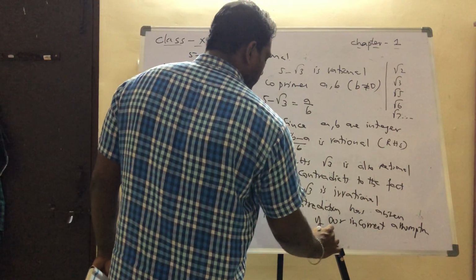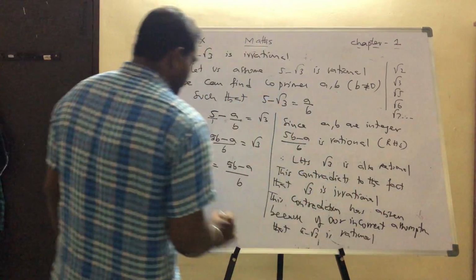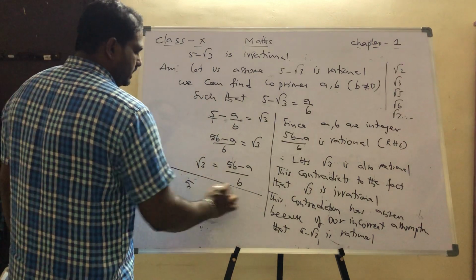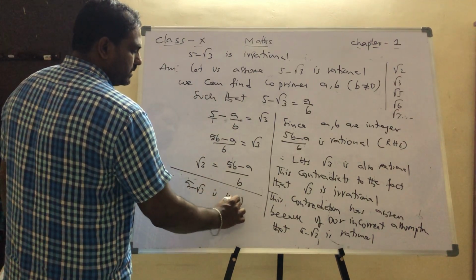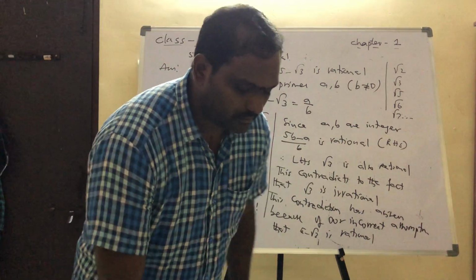Therefore, what can we conclude? Therefore, 5 minus root 3 is irrational. Got it? So that's all.